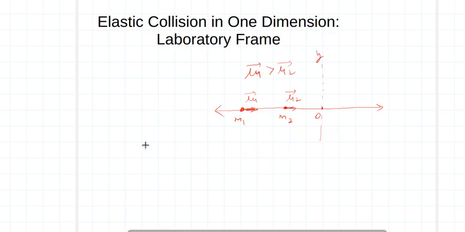So here the initial velocities are these, meaning before collision, and after collision their velocities will become v1 and v2.